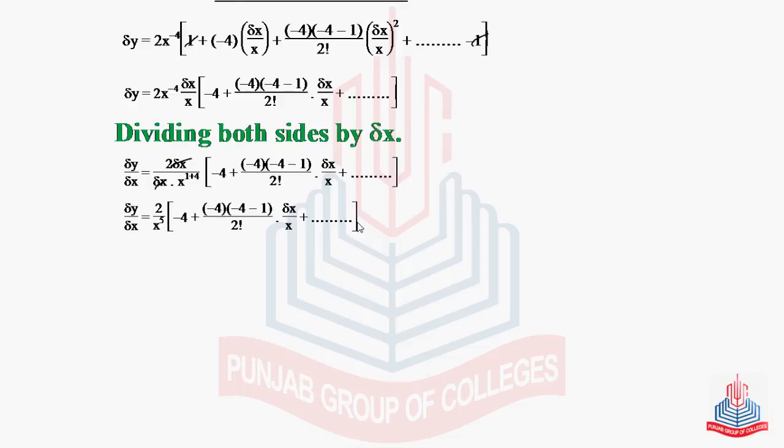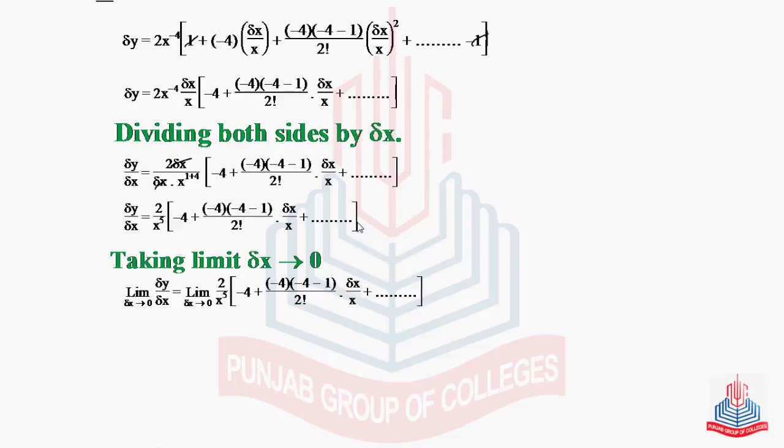Taking the limit as delta x approaches 0, applying the limit on both sides, dy by dx is equal to 2 over x to the power 5, which will be as it is, and in the bracket portion when we apply the limit delta x approaches 0, all other terms containing delta x become 0 except the first term, which is minus 4.